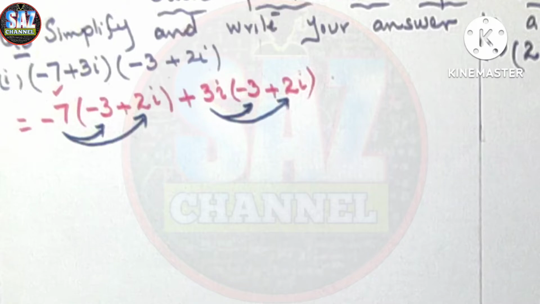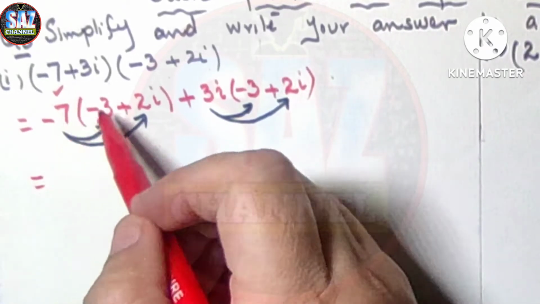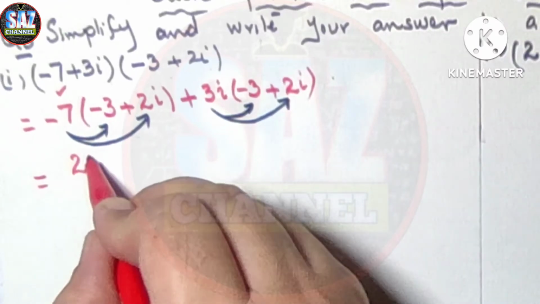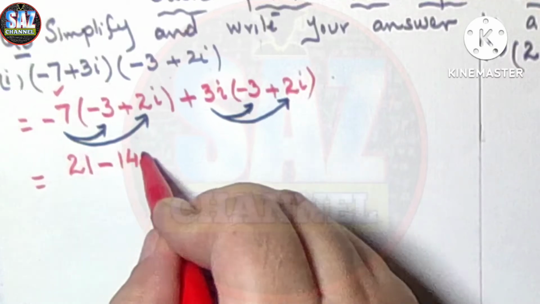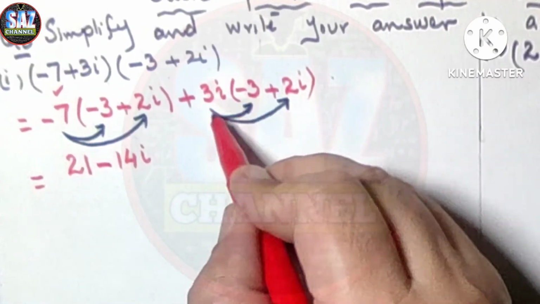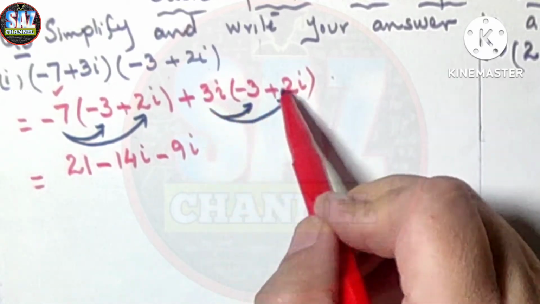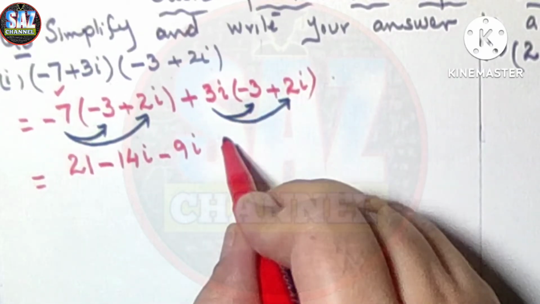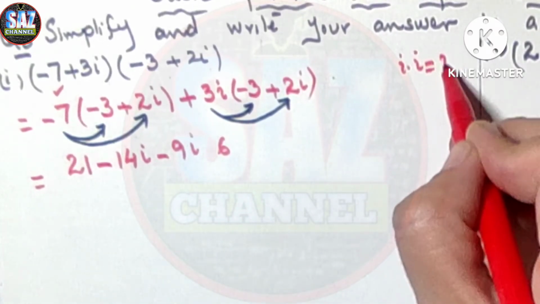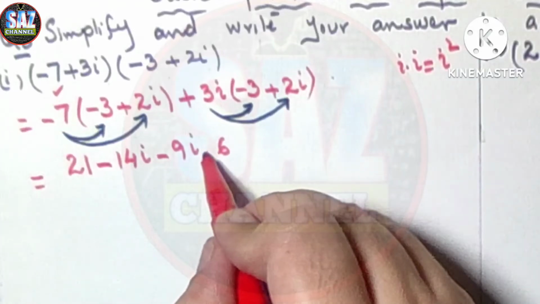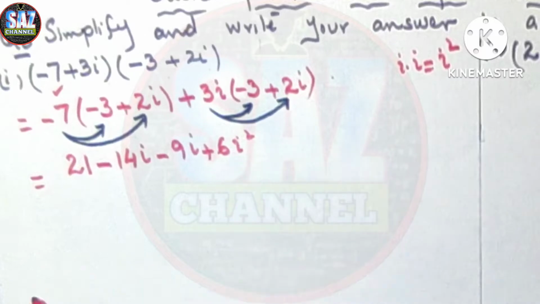So, when I multiply 7 by 3, this becomes 21, 7 times 2 is 14 iota, and then 3 times 3 is 9 iota, and 3 times 2 is 6, and iota multiplied by iota gives iota square.